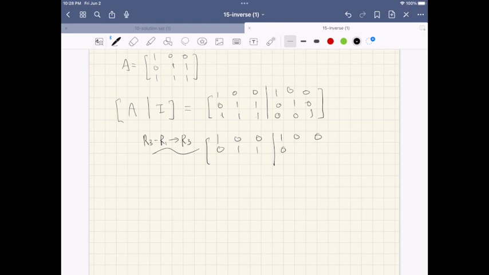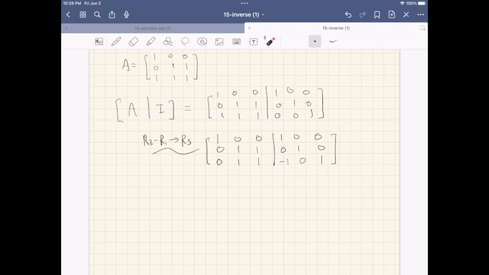The first two rows are not changing, but this row is changing, and it becomes 0, 1, 1, with negative 1, 0, 1. And next we move to the second column, and this is the pivot.